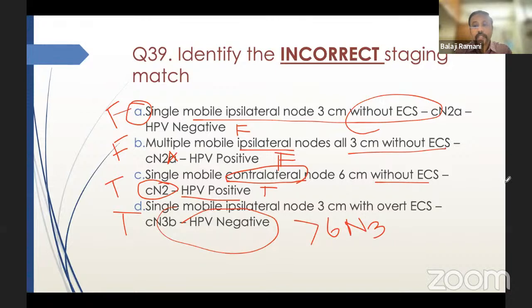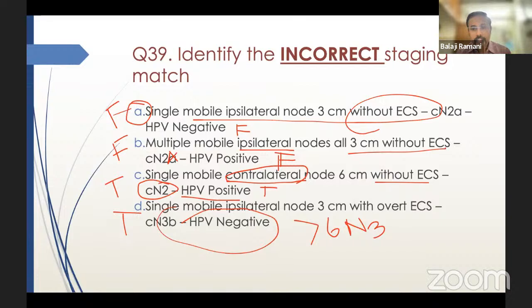So this should be clinically overt. So irrespective of the size, any node, suppose you have a 2 centimeter node, which has clinical extracapsular spread, or they have mentioned the word matted, or it is fixed, then it straight away goes into N3B. Have you gotten N1 and N3A and B now? Is that clear now?